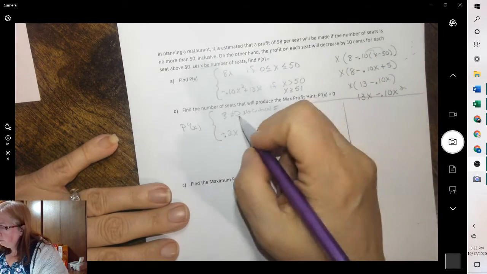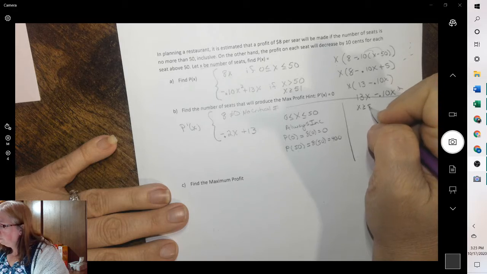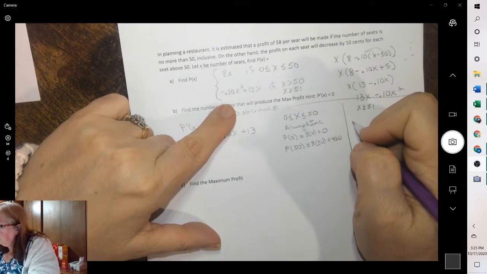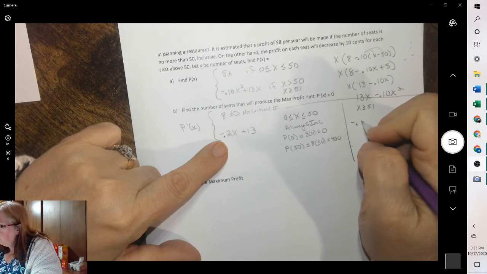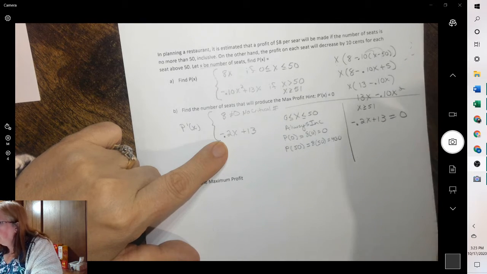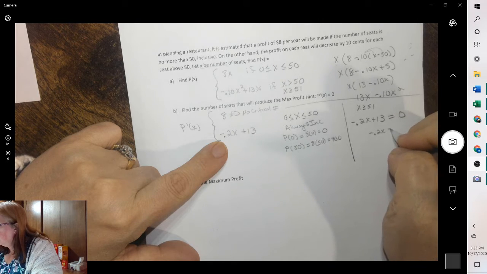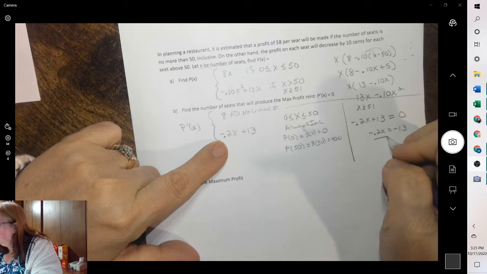So if we look at x greater than or equal to 51, we have negative 0.2x plus 13 for our derivative. Set it equal to 0 and solve.